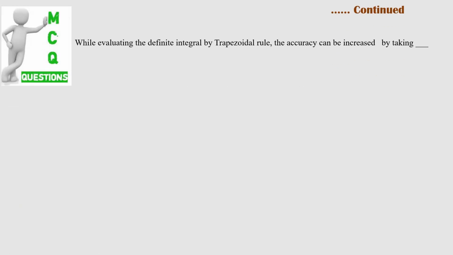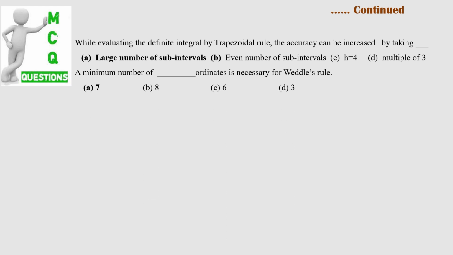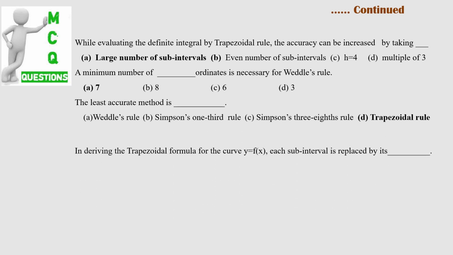Some more multiple choice questions. While evaluating a definite integral by trapezoidal rule, the accuracy can be increased by taking a large number of subintervals. A minimum number of dash ordinates is necessary for Weddle's rule. This we have discussed as 7. The least accurate method is the trapezoidal rule.